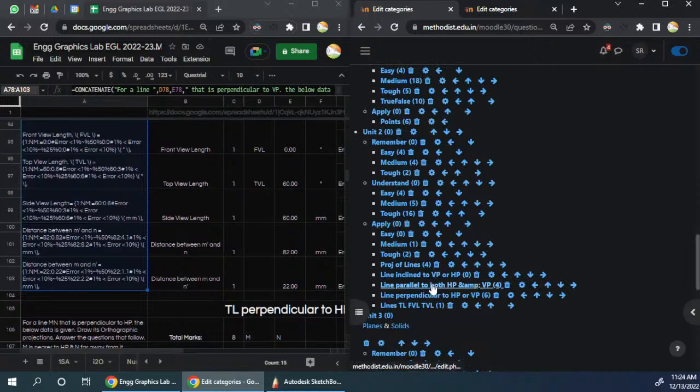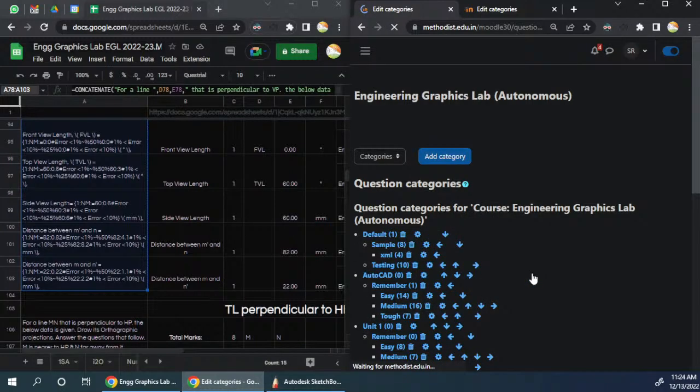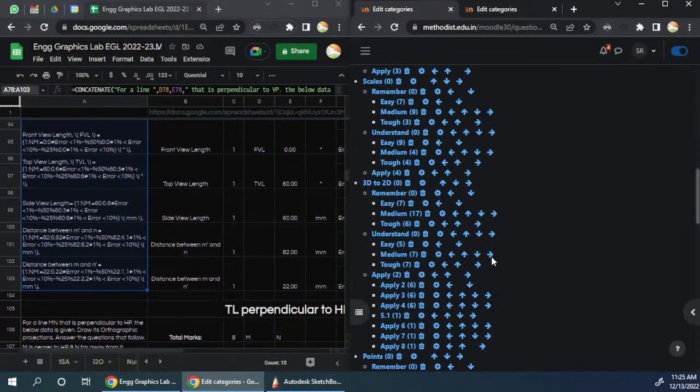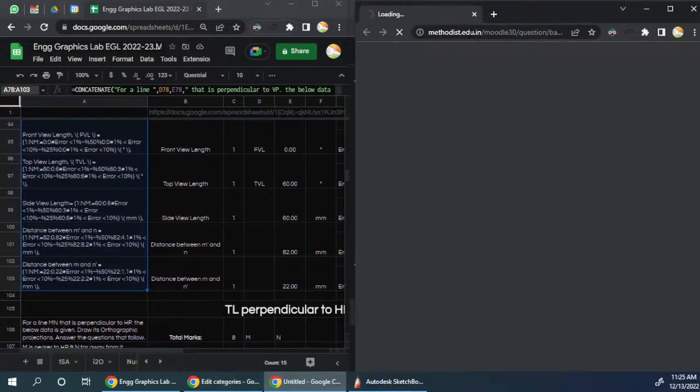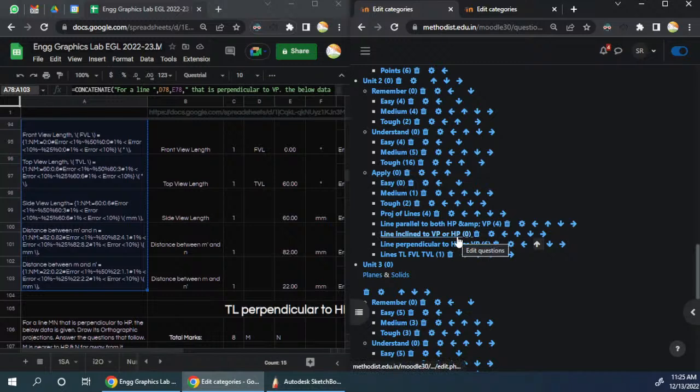So unit 2 HP with the width. Okay. Projection of lines. Parallel to both, inclined, perpendicular distance. This is where we are supposed to look at the next set of questions.